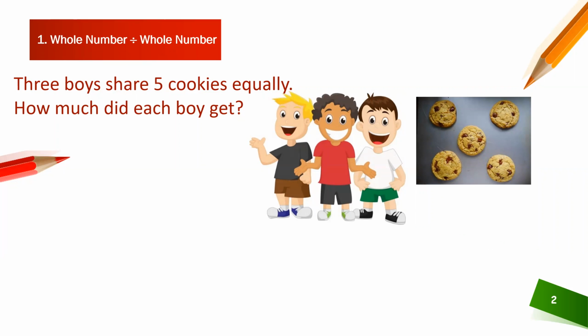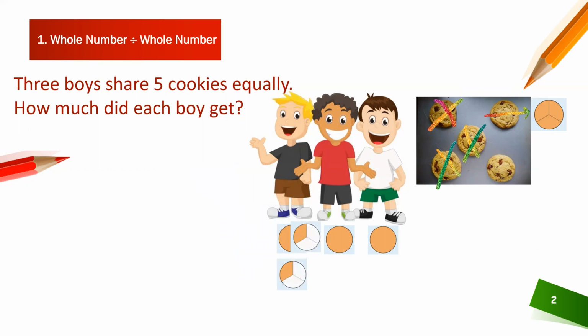So let's start with taking 3 cookies and give each kid a cookie. And then what are we going to do with the rest of the cookies? Well, there's not enough for a whole cookie for each one. So we're going to have to take that cookie and split it into thirds, meaning into 3 equal parts. And then each kid will get a third.